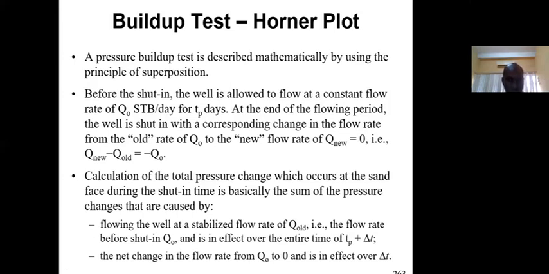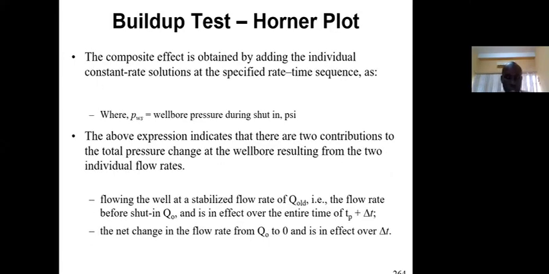You can look at the build-up test as two flow periods, one where you have a finite rate Q, and one where you have a rate of 0. You flow at a stabilized rate, and then for the other period, it's shut-in. But we take the 0 as a rate in itself.